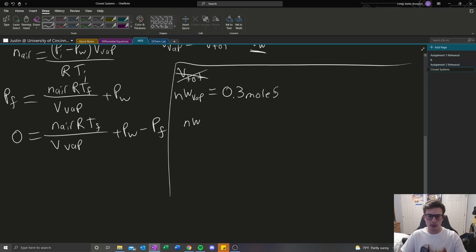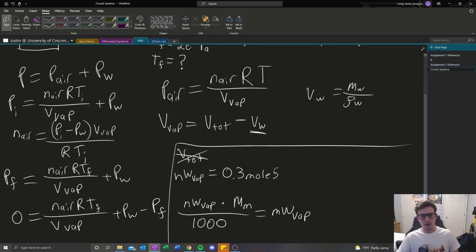That gives us grams. We want kilograms, which was our initial condition, so we divide by 1,000, and this is equal to the mass of the water vapor.